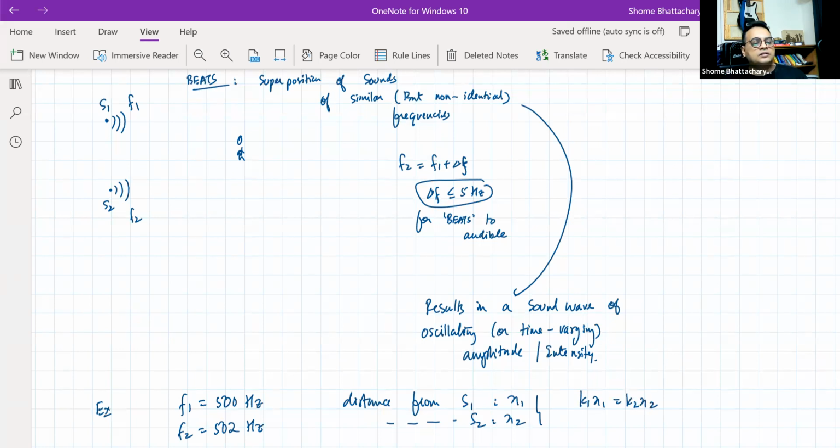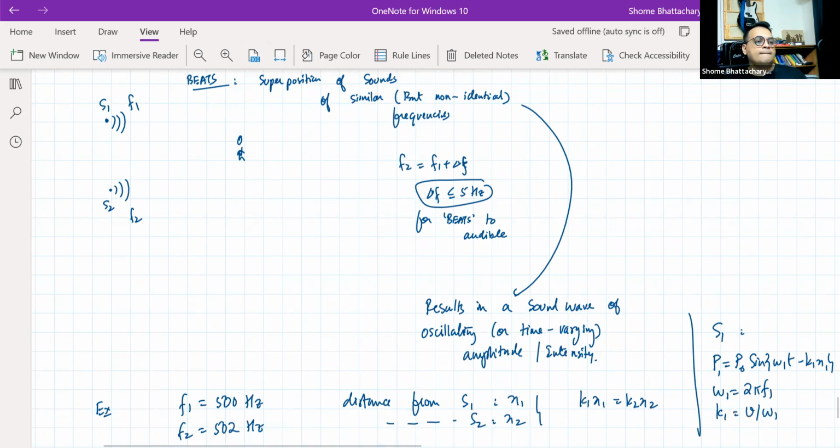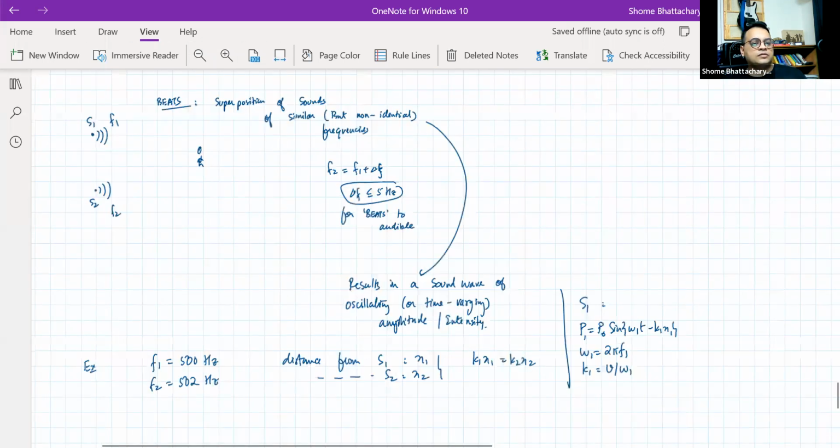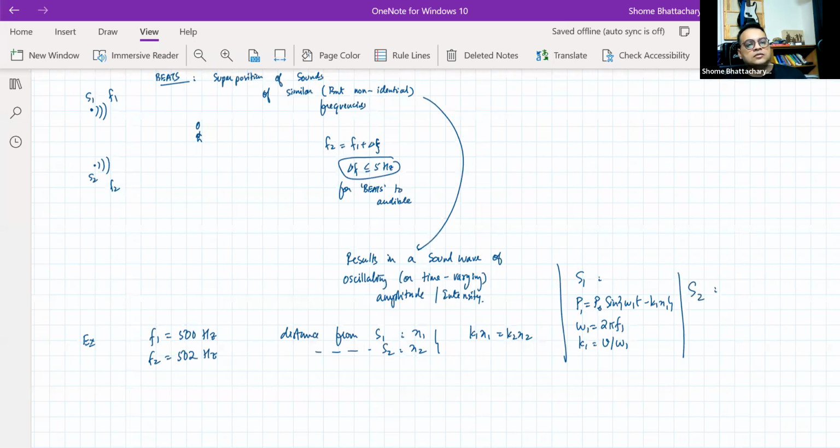The source S1 will create a wave like this, where omega1 is 2 pi f1 and k1 is omega1 by v, and like that the second one will create a wave of a different frequency, therefore also of a different angular wave number.